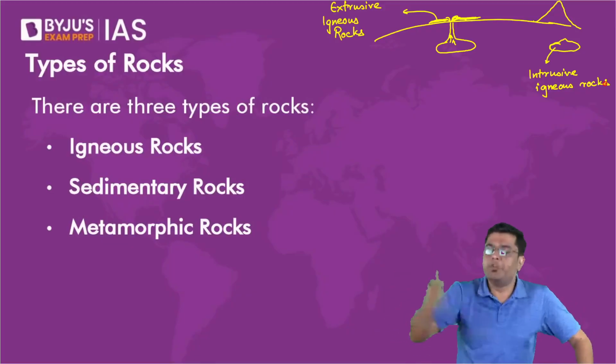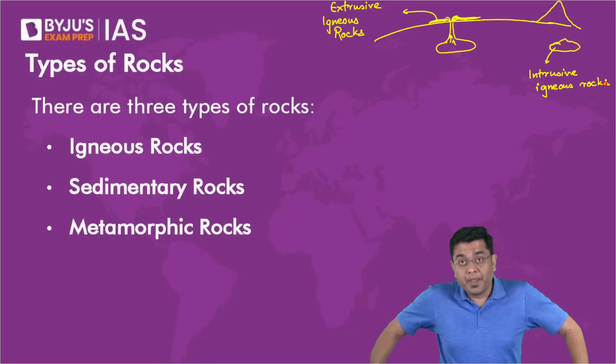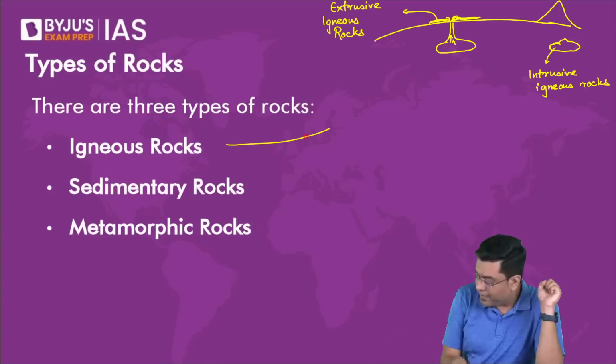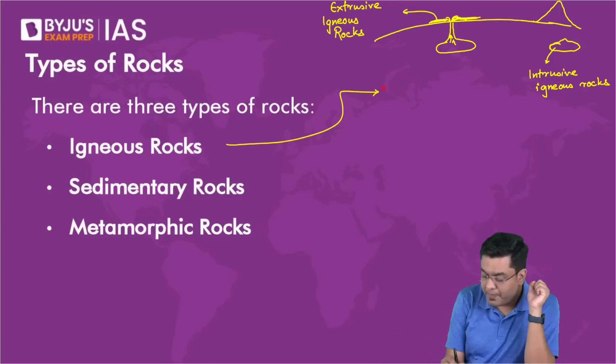Igneous rock. So, they would answer that question like that. Okay. So, igneous rocks are formed by solidification of molten materials.